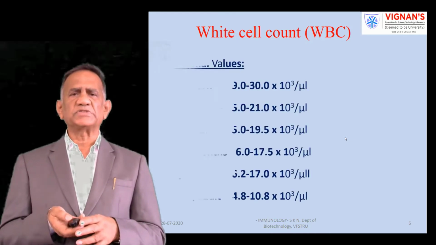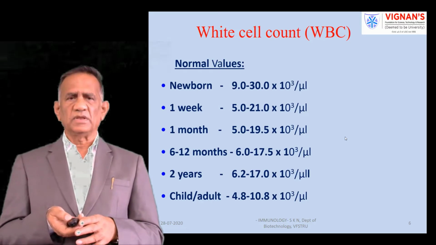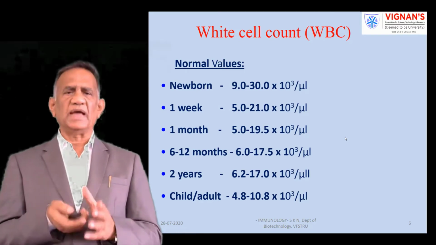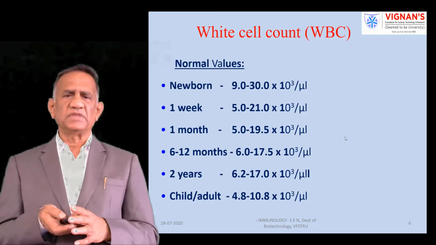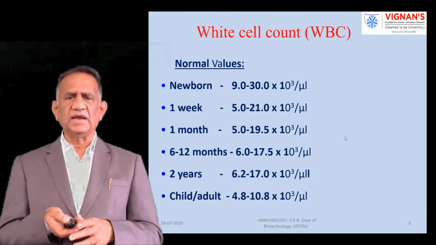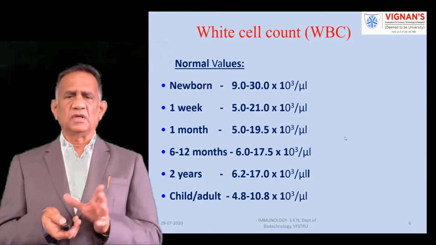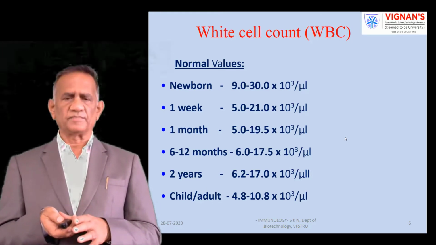Okay, so the normal WBC count. A newborn will have between 9 and 30 times 10 to the power of 3 per ml. A child and an adult will have 4.8 to 10.8 times 10 to the power of 3 per ml.